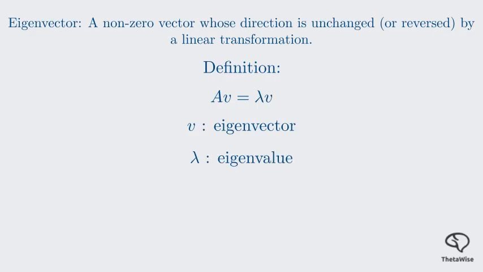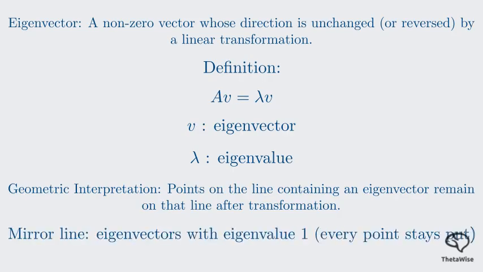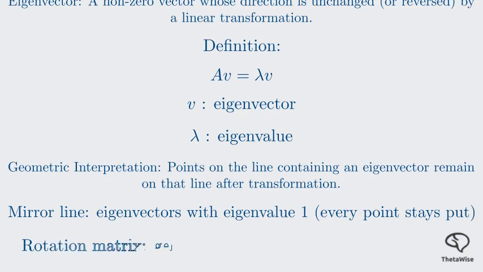What does this mean geometrically? It means that a point on the line containing an eigenvector will remain on that same line after the transformation. For a reflection, the mirror line itself is made up of eigenvectors with an eigenvalue of 1, because every point on the mirror line stays put. A rotation matrix in general does not have any real eigenvectors or eigenvalues. Why is this?